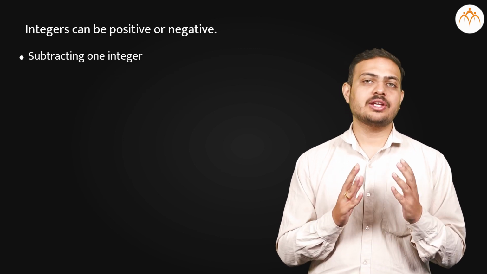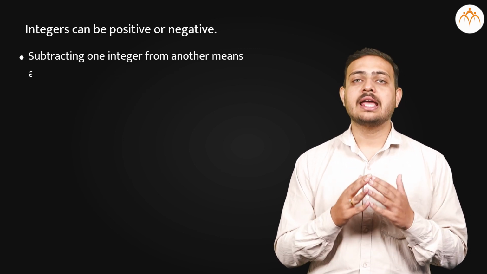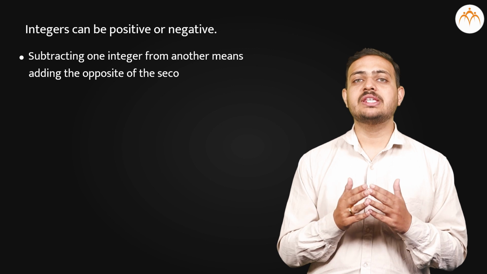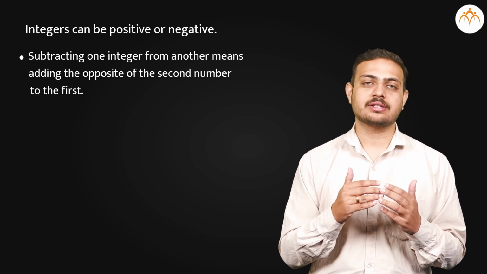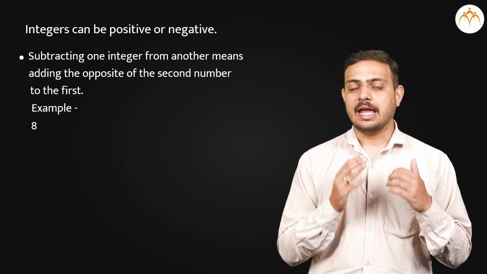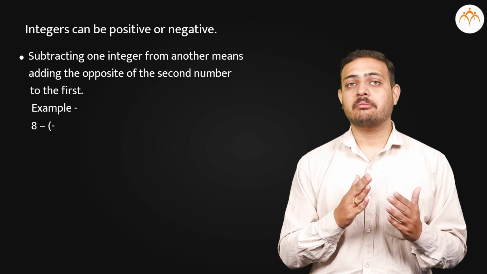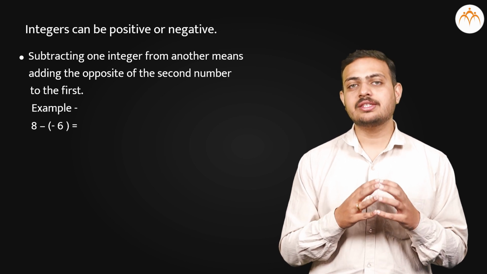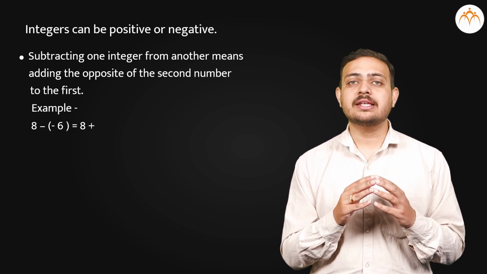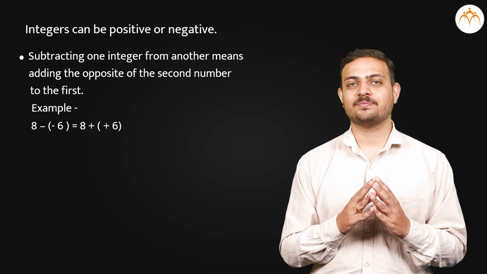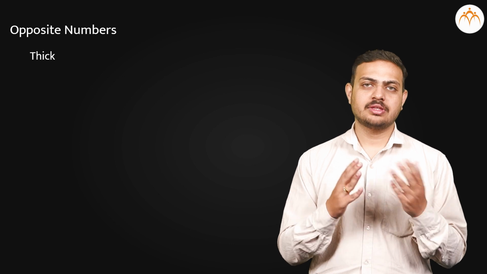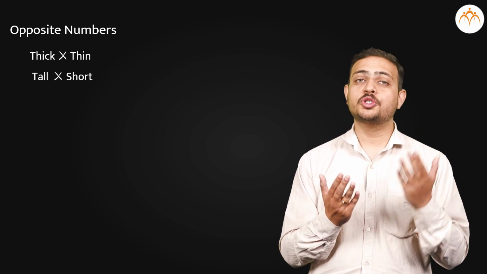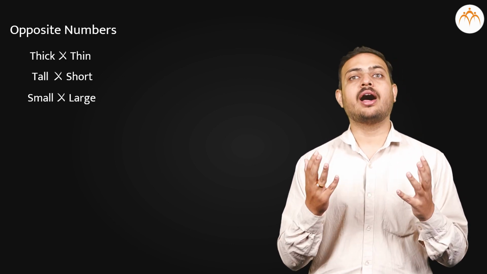Subtracting one integer from another means adding the opposite of the second number to the first. Example, 8 minus 6 is equal to 8 plus minus 6. Opposite numbers. You know words with opposite meanings like thick, thin, tall, short, small, large.